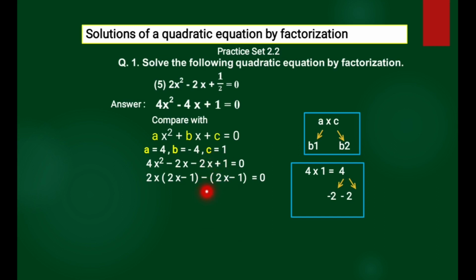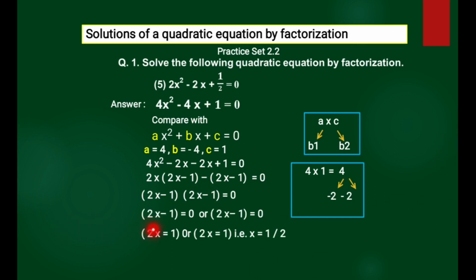So after multiplying we get minus 2x minus plus 1. So again we have to take 2x minus 1 common. After taking 2x minus 1 common, the remaining terms are 2x, and here minus sign means minus 1. So the factors are the same.